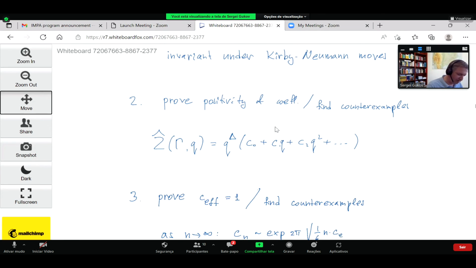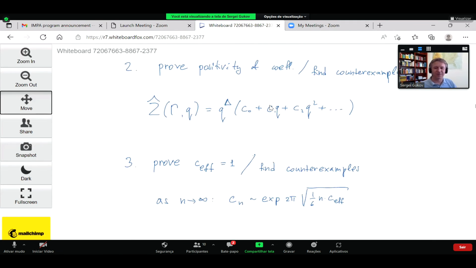That's exactly the effective central charge. And in all examples that I know, especially those arising from such graphs, this coefficient C effective, which controls this expansion, happens to be 1. It's basically coming from the eta function that we put in the denominator of this Q infinity.